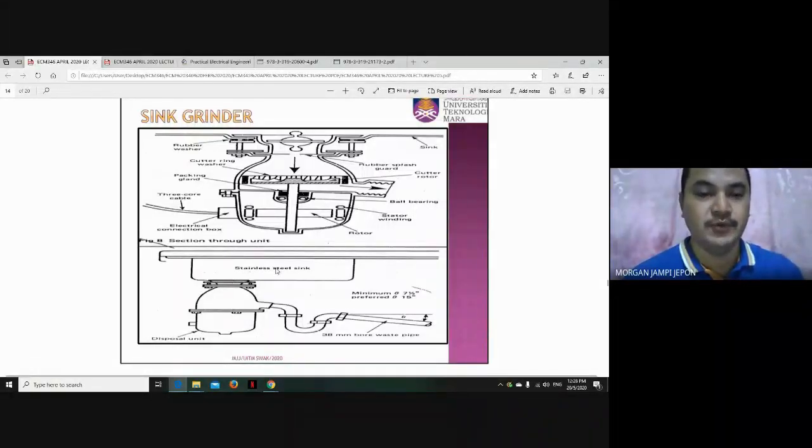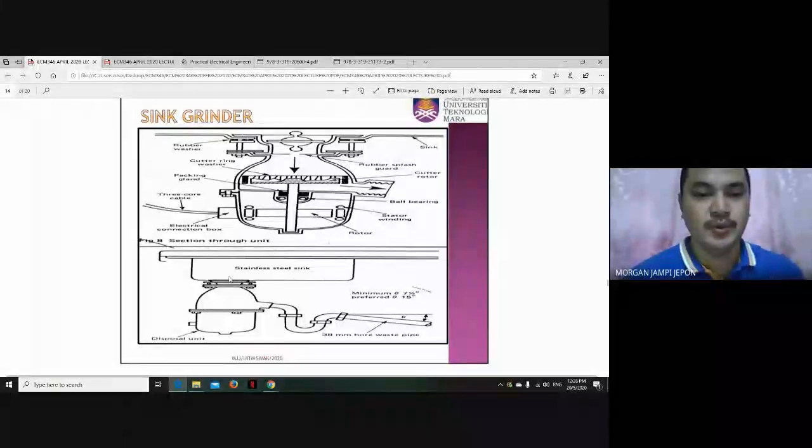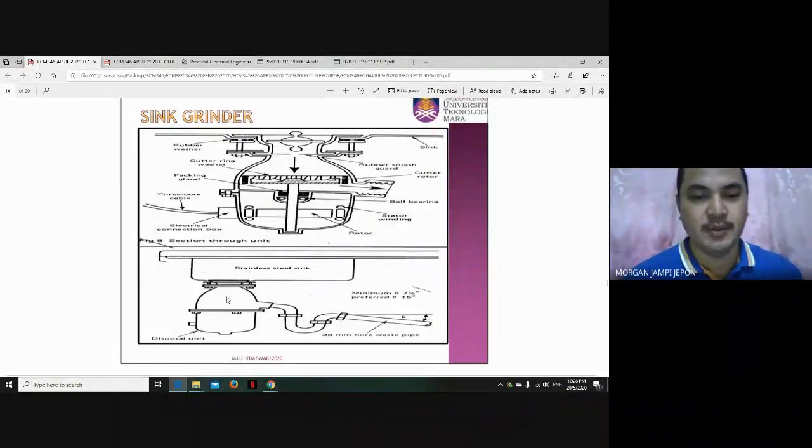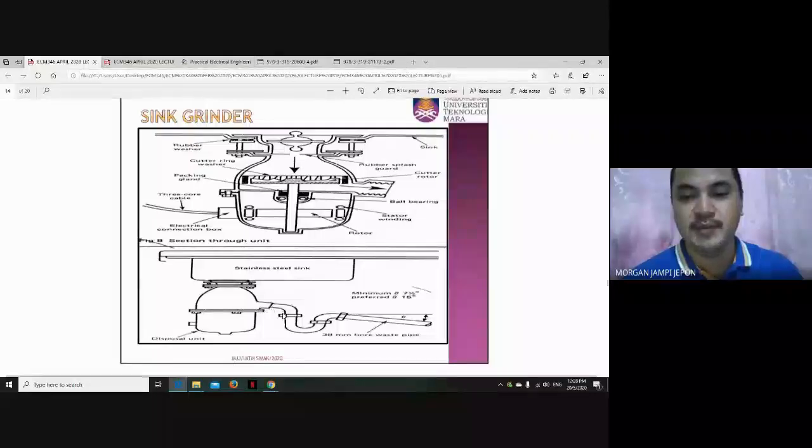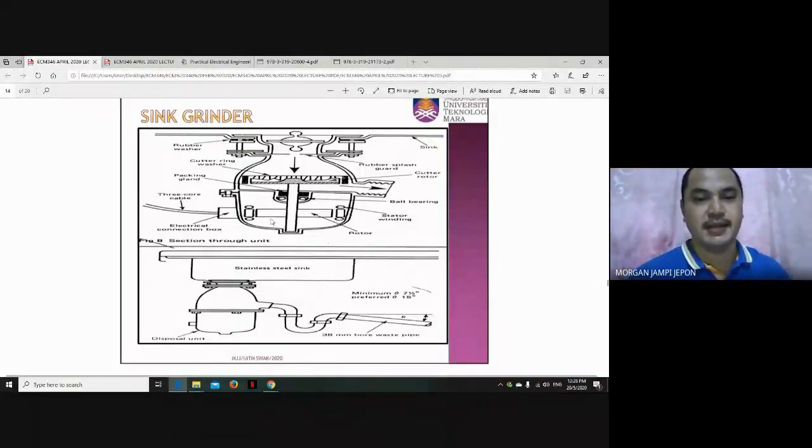If we want to dispose of our rubbish, we pull the plug, then place our rubbish into this grinder, and switch on the grinder to grind that waste into small particles. Then after a while, we may flush the rubbish into the pipe. It could be a single pipe or double pipe Garchi system. So that is the sink grinder.